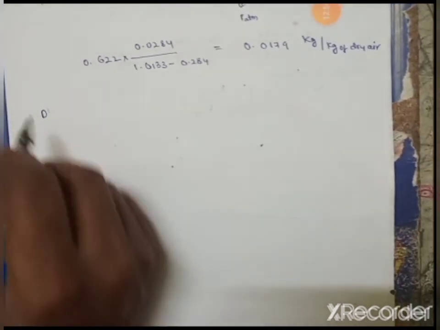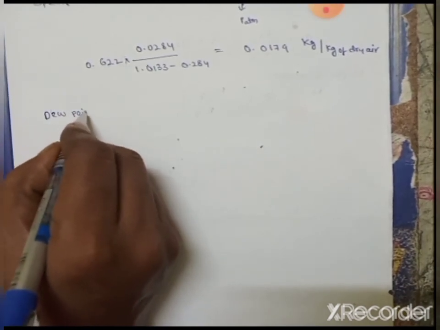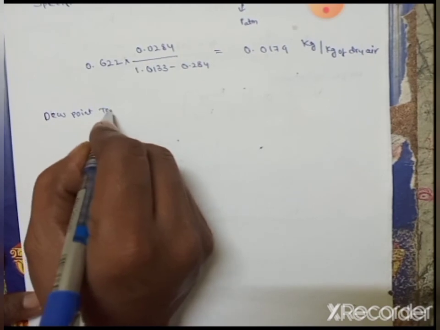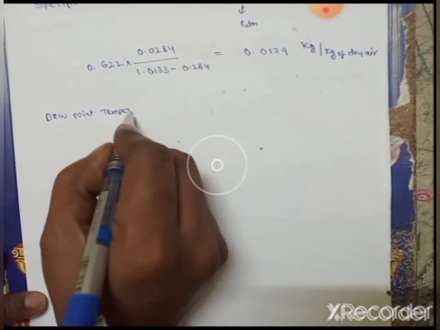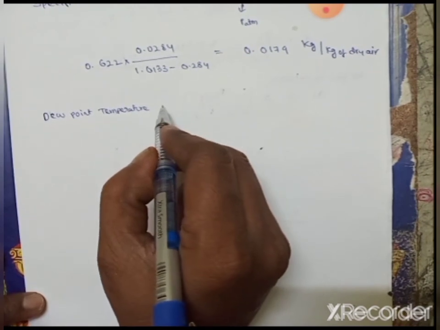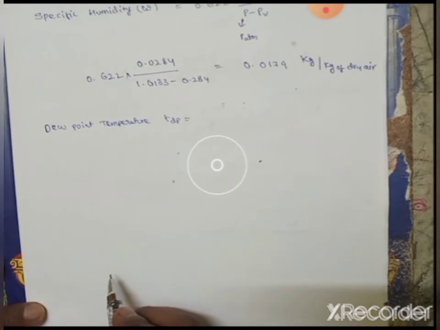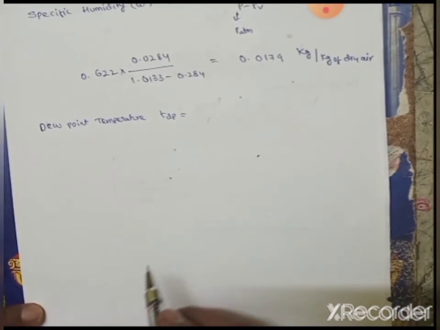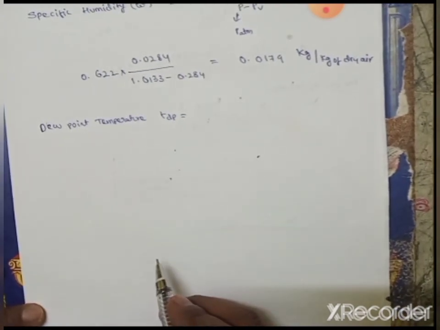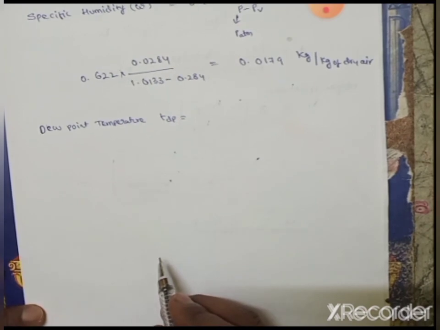Now the dew point temperature. The dew point temperature, denoted Tdp, is the temperature corresponding to the partial pressure of water vapor.